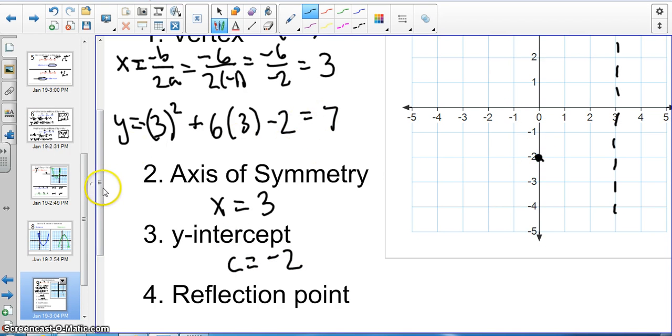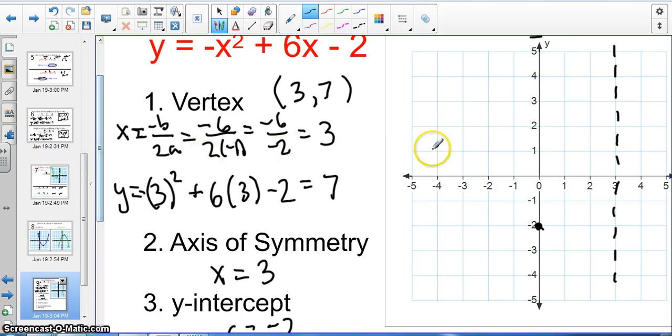Now my reflection point. If I look, everything on the left side of the axis of symmetry should be the same as everything on the right. So look at this point. It is 1, 2, 3 points away from your axis of symmetry. So I need to go 3 points away on the other side of my dashed line. I know I don't have a lot of room, so I'll just put it right here, but think about it, it should be 3 points away.